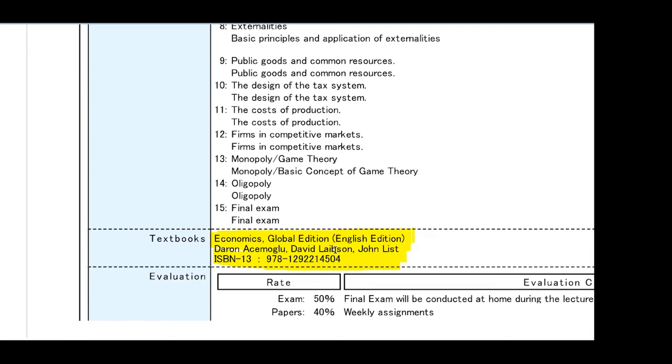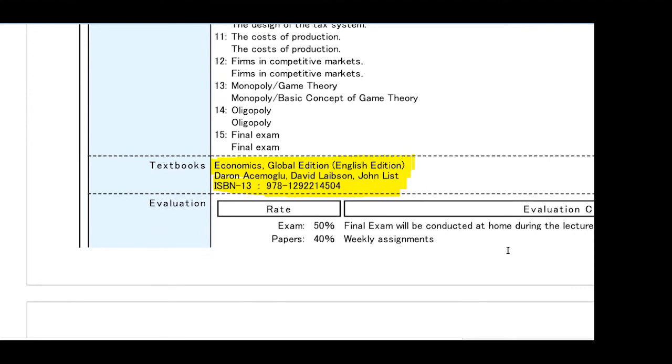The same author contributed to this book, and I wanted to see his way of teaching micro, and that is one of the reasons. Acemoglu is a development economist, and there are two other authors.